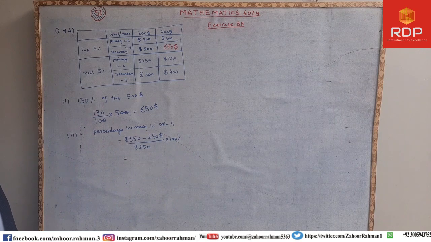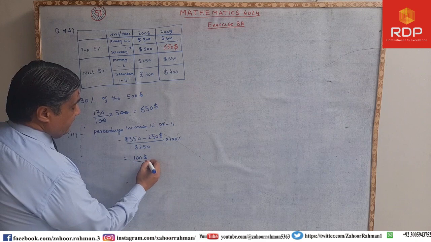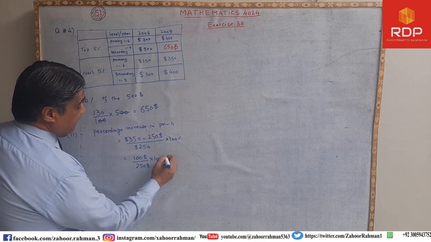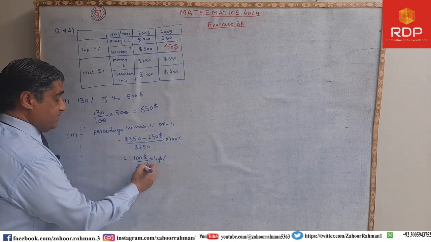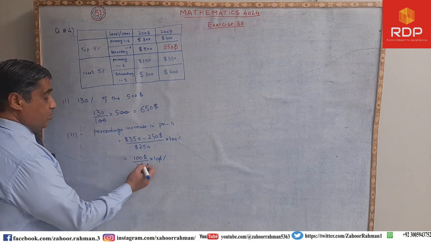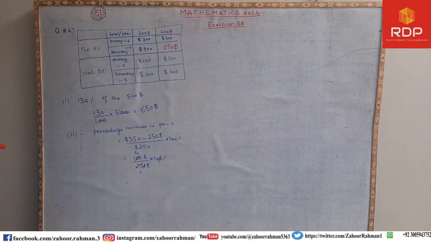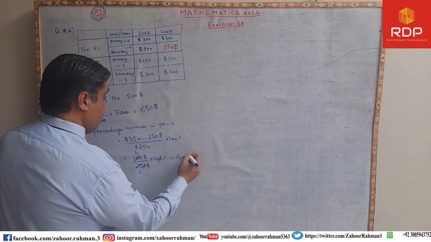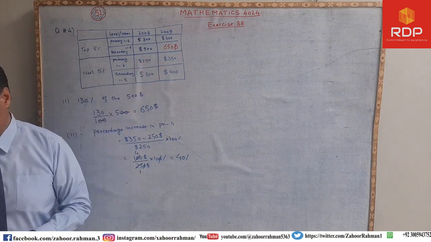So $100 divided by $250 multiplied by 100%. This zero will be cancelled with this one, and 25 fours are 100, so it means very simply 40% increase is there in this value.